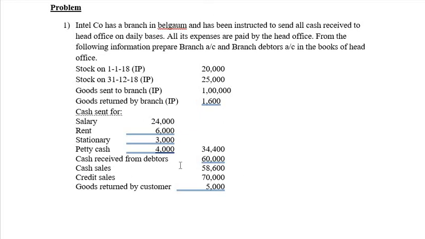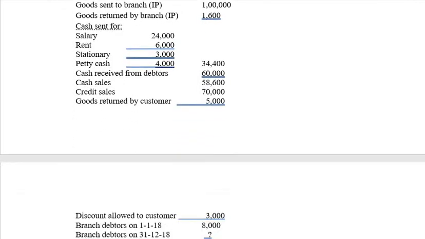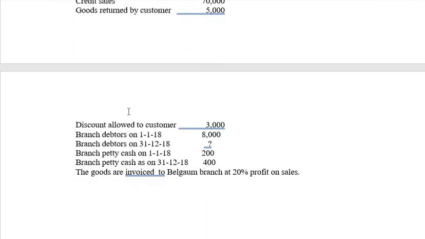Next, cash received from debtors 60,000, cash sales 58,600, credit sales 70,000, goods returned by customer 5,000. And next, discount allowed to customer 3,000.